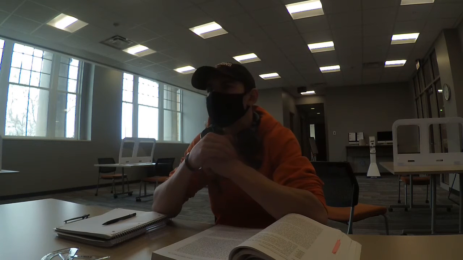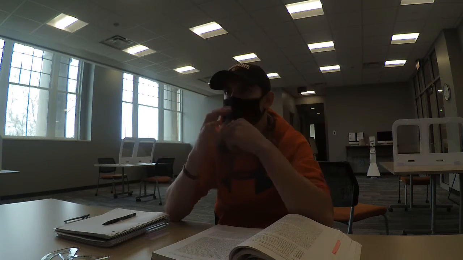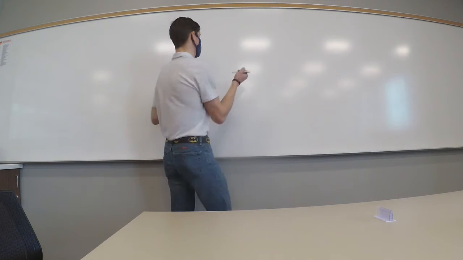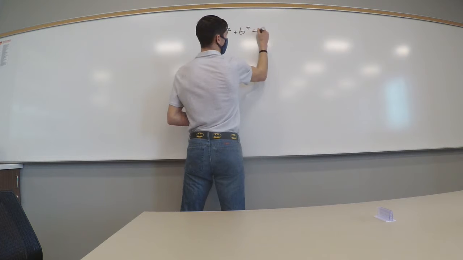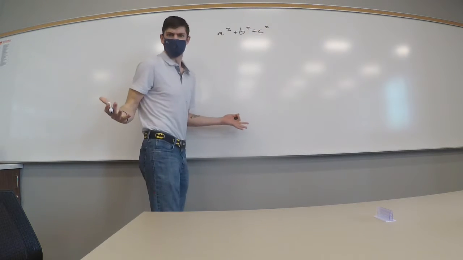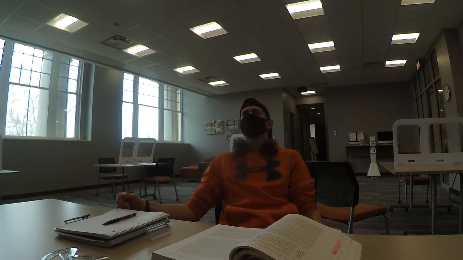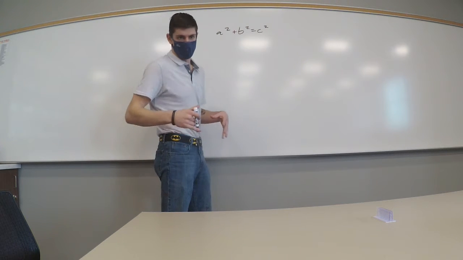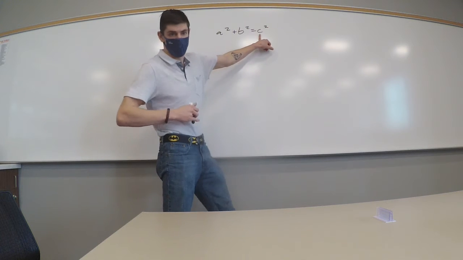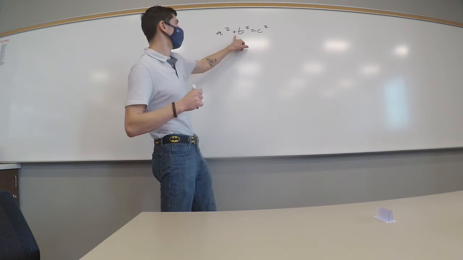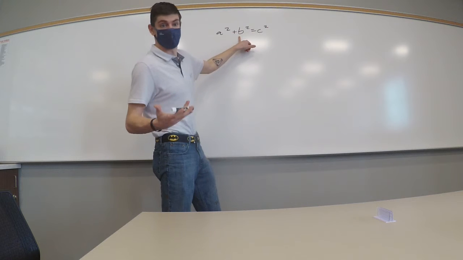And what just happens to be this miracle formula? Why, it's a squared plus b squared equals c squared. Of course. What kind of alphabet soup formula is that? Well, let me explain. The Pythagorean theorem states that you can find the square of the hypotenuse by finding the sum of the other two sides squared.